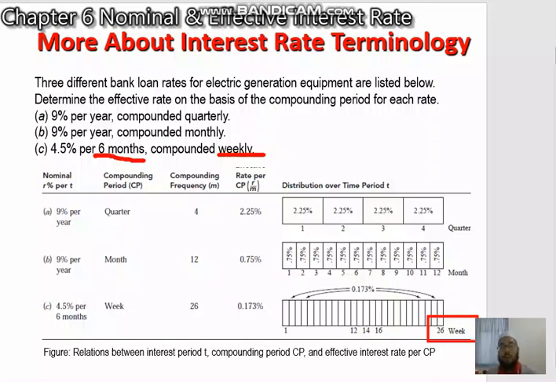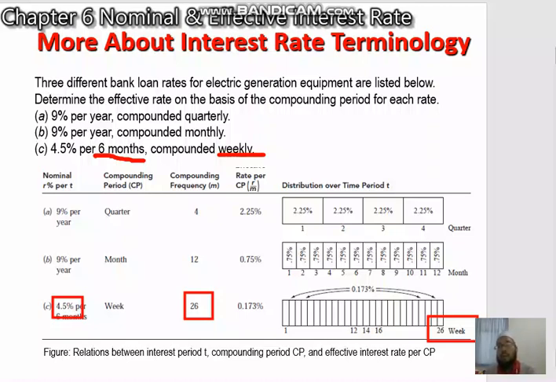So this 4.5% divided by 26 weeks, we get 0.173% every week.